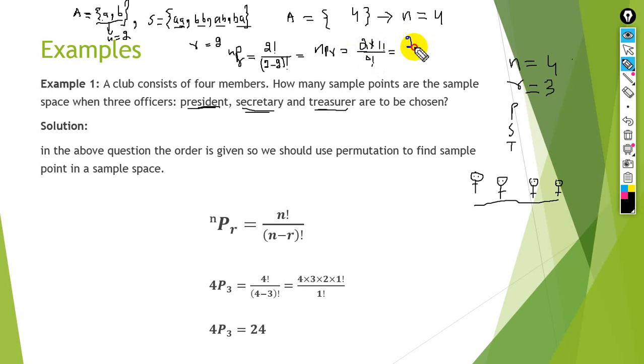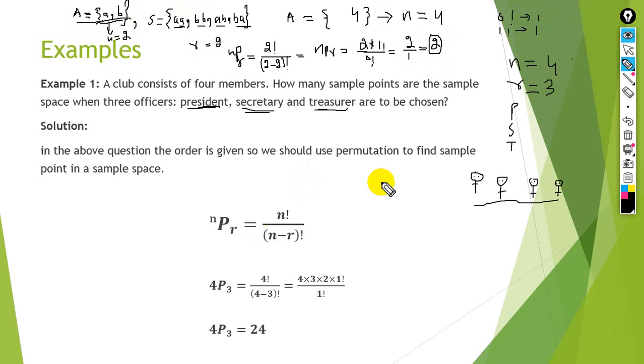So 2 multiplied by 1 divided by 0 factorial is equal to 1. 0 factorial is 1 and 1 factorial is 1. So we can say that here we have 2 as a permutation for these.